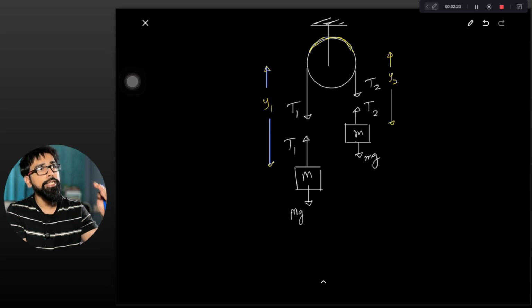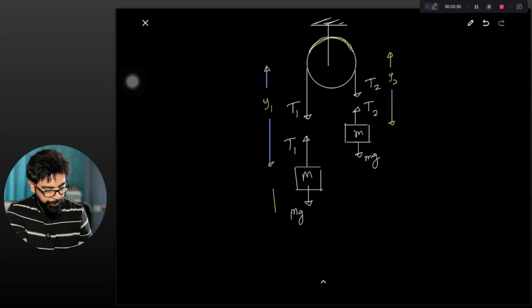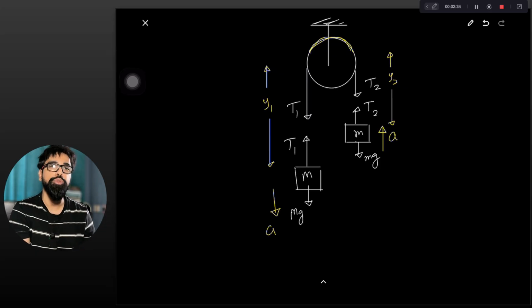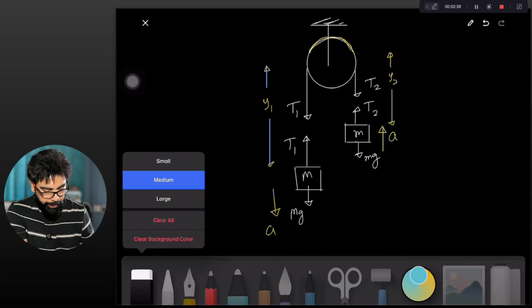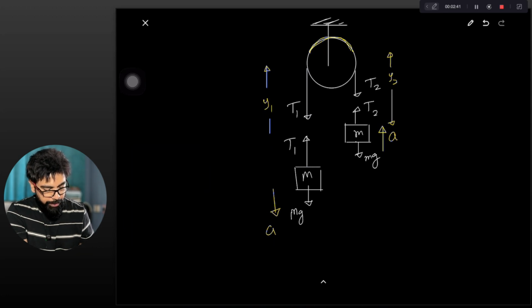That means if I take the double derivative of this total length of the string, what I'll get is that the acceleration on the left hand side and the acceleration on the right hand side, this magnitude will be the same. Our target is to calculate this acceleration.